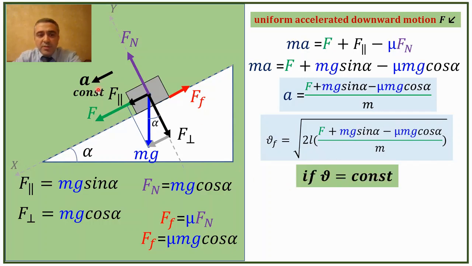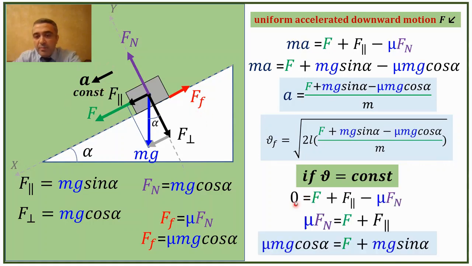So if the velocity is constant in this situation, ma becomes 0 because the resultant force is 0, according to Newton's first law, because if the resultant force is 0, the object may be at rest or in uniform motion. And from here we can find the equation like this.